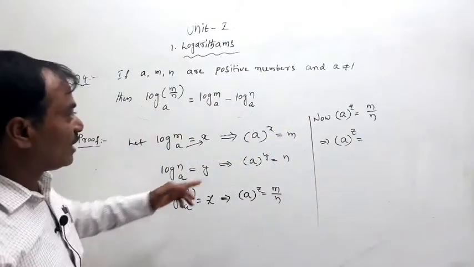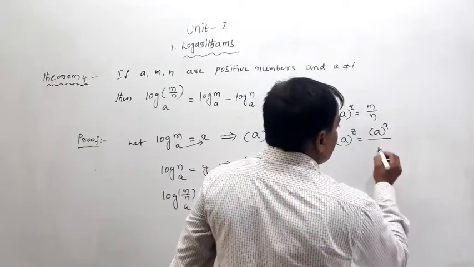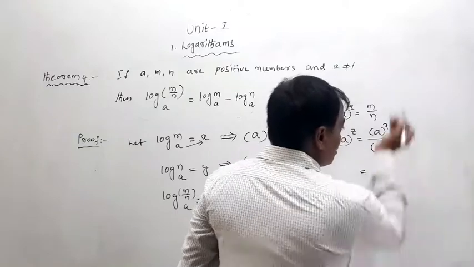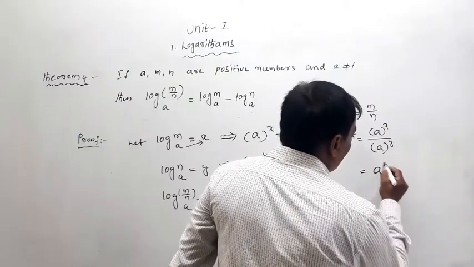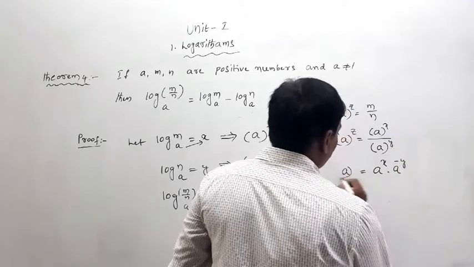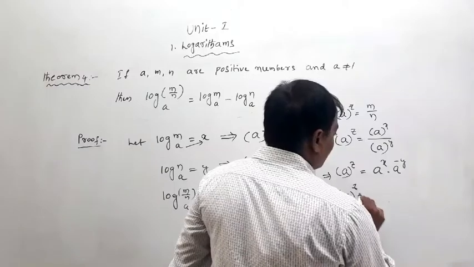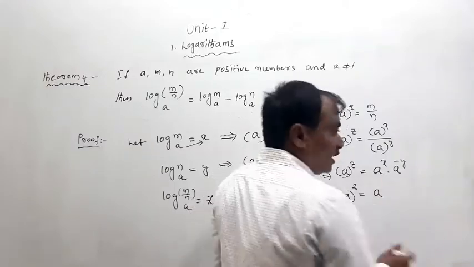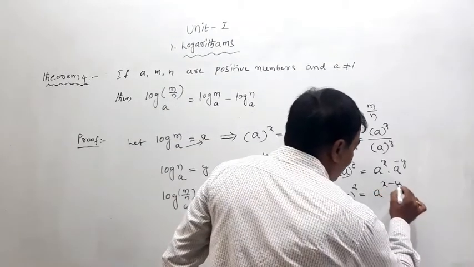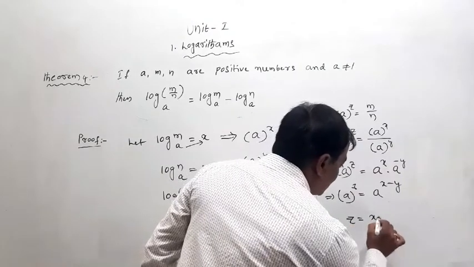What is m? m equal to a to the power of x, and n is a to the power of y, and we shift this into the numerator, a to the power of x into a to the power of minus y. So a to the power of z equal to a to the power of, if the bases are equal we should add the powers, therefore x minus y. So therefore z equal to x minus y.